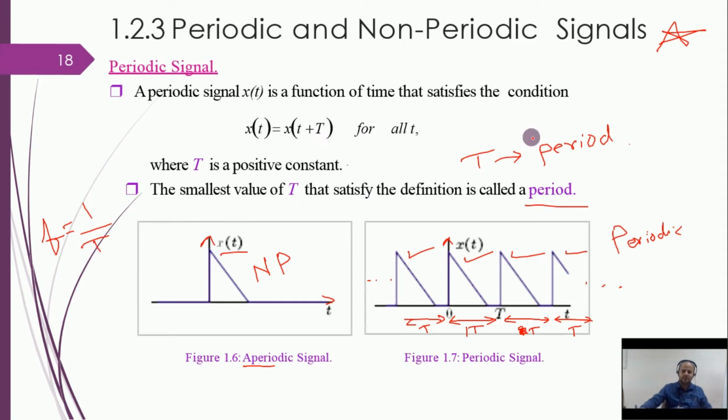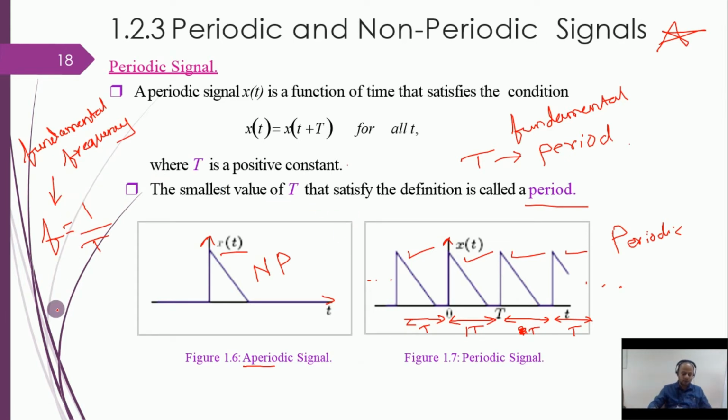This T we normally call the fundamental period, and f we call the fundamental frequency.